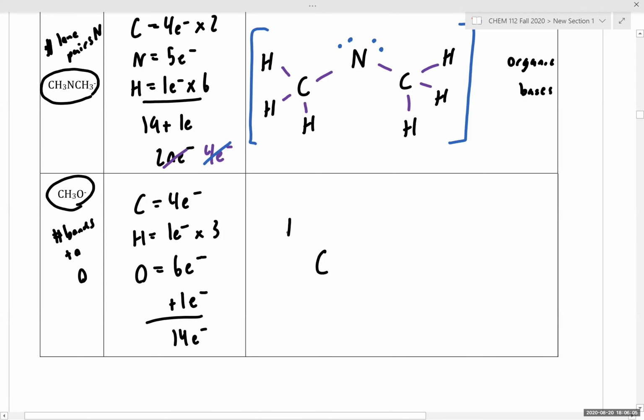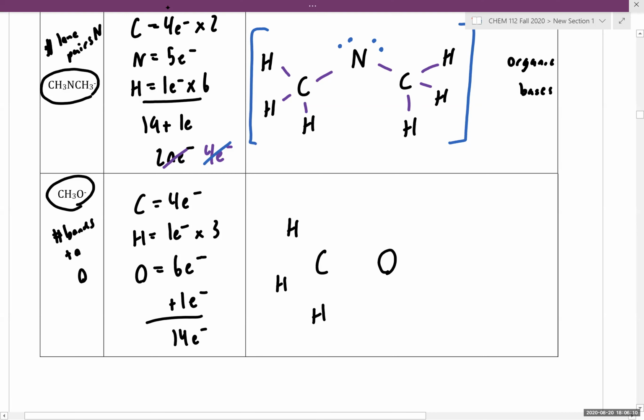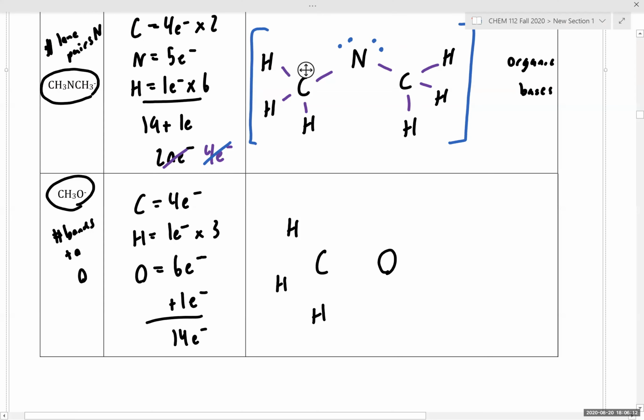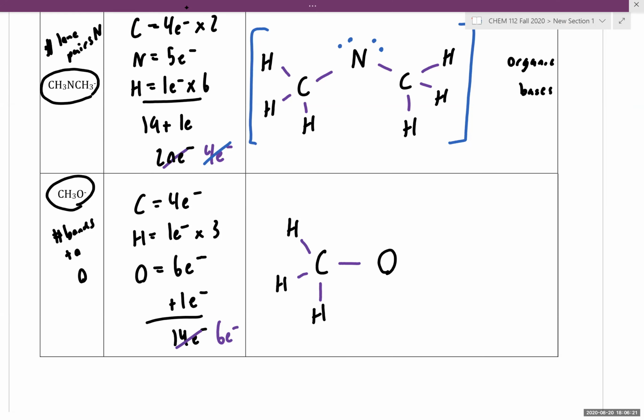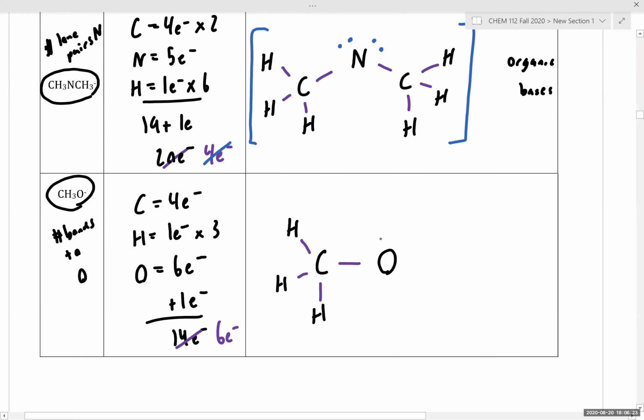We place our carbon surrounded by our 3 hydrogens and 1 oxygen. And then we form 1 bond each. We've used up 8 electrons. We have 6 electrons remaining, and we place our remaining 6 electrons on oxygen.